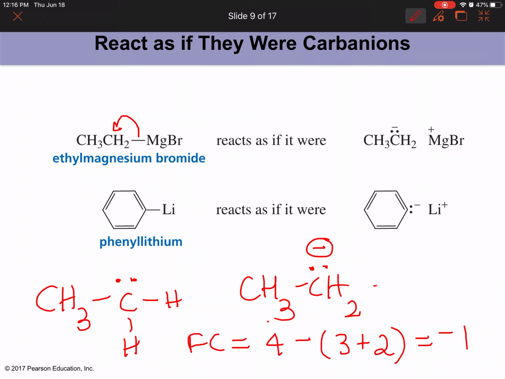Just like OH is minus, but water is neutral, and H3O is a plus. So this is water. When you write the water molecule, you don't put any charge, but if it is OH, now oxygen has 6 electrons with a bond. Group number for oxygen is 6, minus the 1 bond and the 6 electrons, 7.